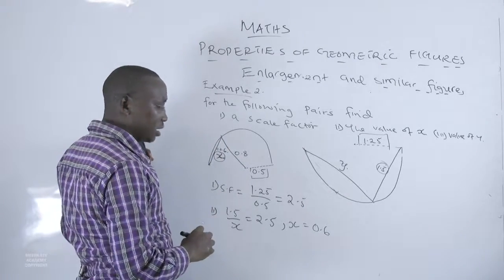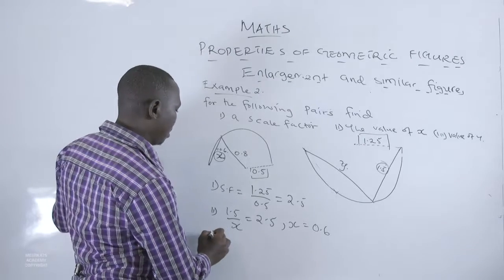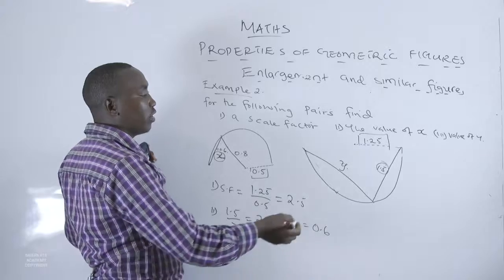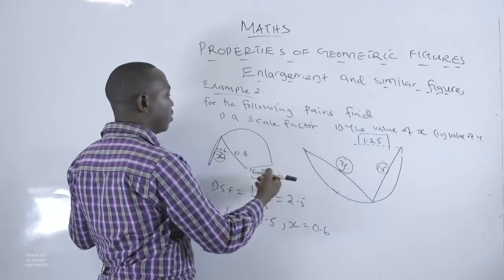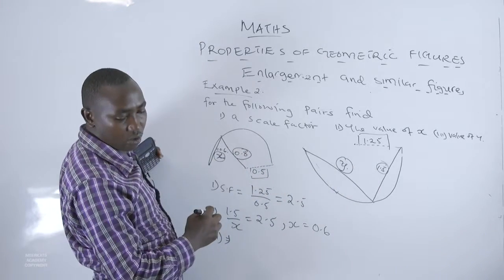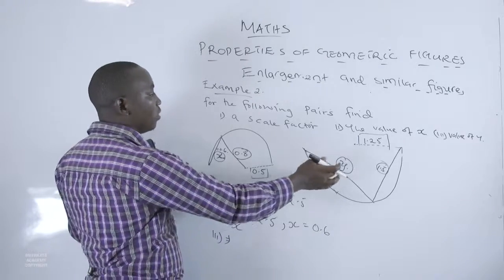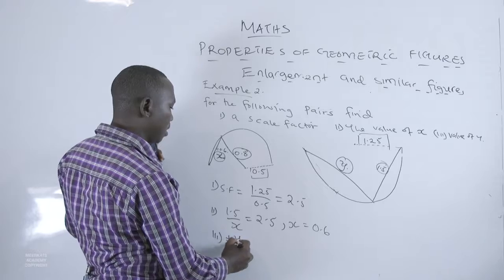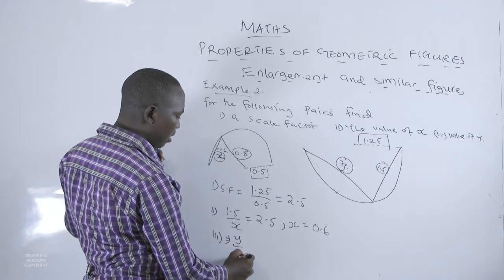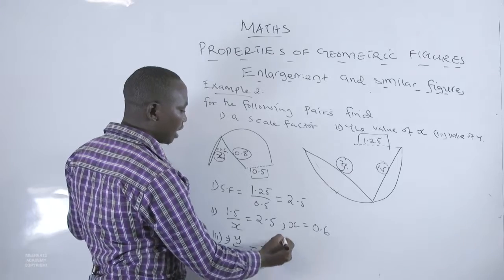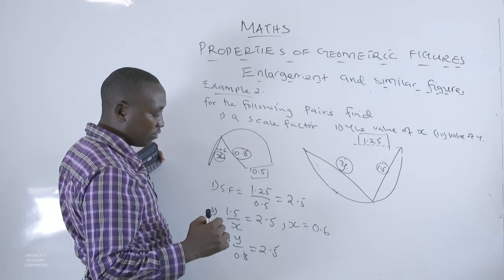The last part, the value of y. We are again going to use the corresponding sides, that is y and 0.8. In this case, when you take the image over the object's length, it should give us the scale factor, which is 2.5.